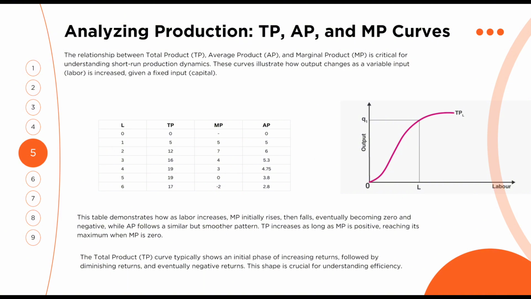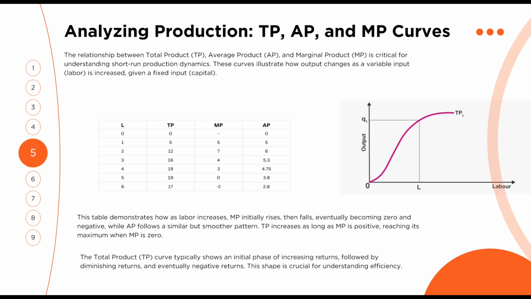However, after a certain point when labor keeps increasing, marginal product starts to decline. This is known as the law of diminishing returns. It happens because the fixed capital becomes a limiting factor. Workers have less machinery or space to work with, so productivity decreases. Eventually, marginal product becomes zero and even negative. This means adding more workers actually reduces total output due to overcrowding or inefficiency.